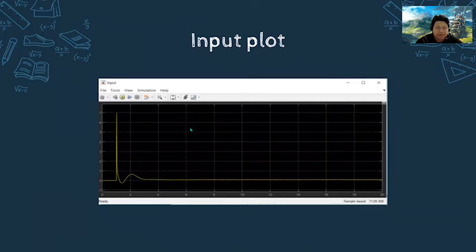This is the input plot. As we can see, if we do not use the saturation parameter, the plot will go higher and higher until infinite. So we put the saturation parameter. We adjust to 7 for upper, and for lower we use -7, to see the best graph.